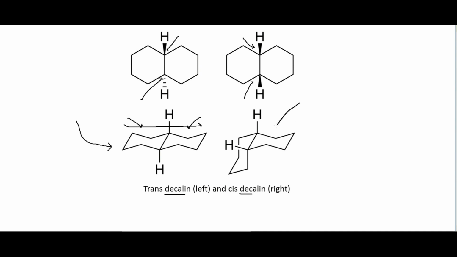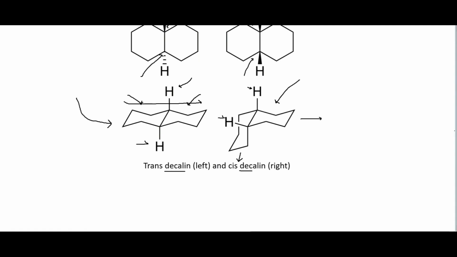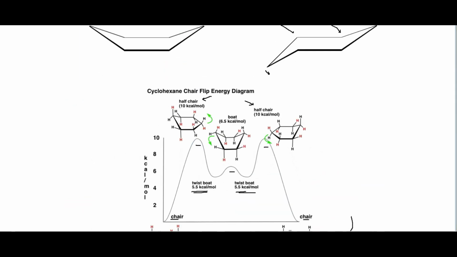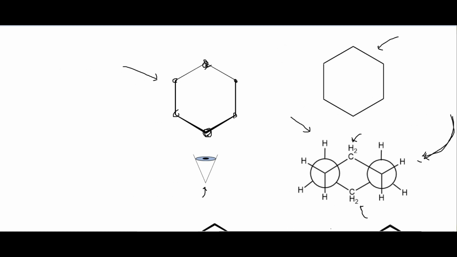Where in this one, again, they are both in chair conformation, but this one is sticking this way, where this one is sticking downward like that, because this hydrogen and this hydrogen are coming off of this in the same direction, where in this one, the hydrogen and this hydrogen are coming off of it in different directions. And so, yeah, that is what I wanted to say about the cyclic alkanes here.